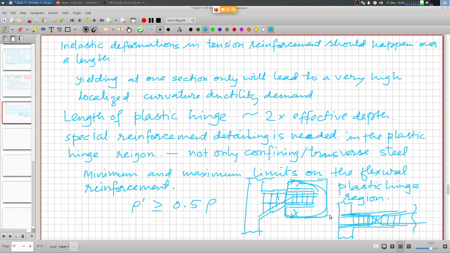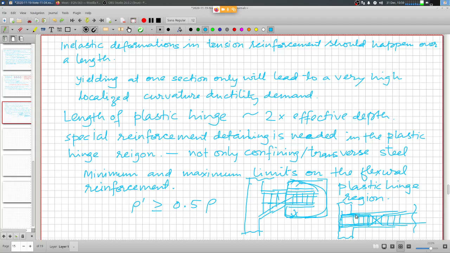So again this reinforcement gets bent. So again, as you can see, this is the additional flexural reinforcement which increases the flexural capacity locally at the beam column face, so that the plastic hinge doesn't occur here.